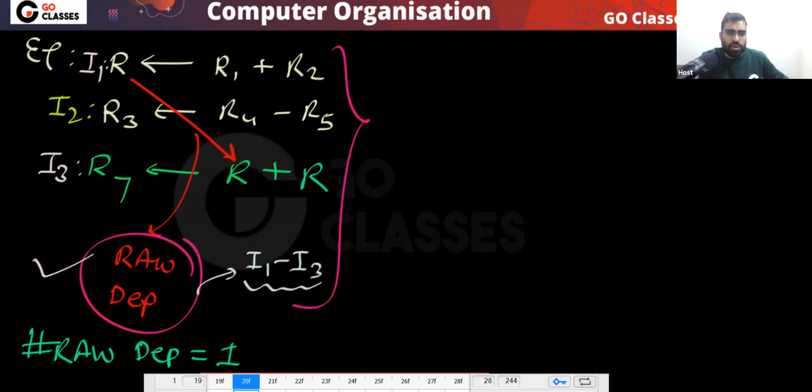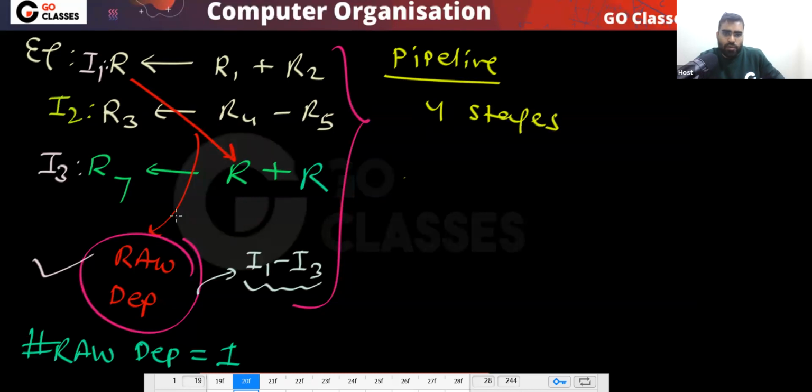Now what I'm going to do is give you 2 pipelines for the same question. Let's assume that you have a 4-stage pipeline. Let me give you the stages. One is instruction fetch, another is instruction decode, another is execute, and another is write back.